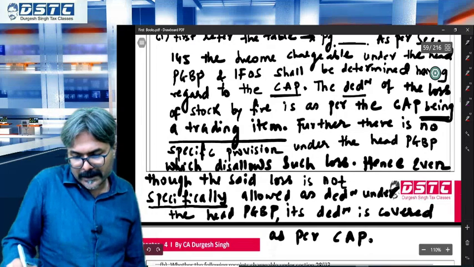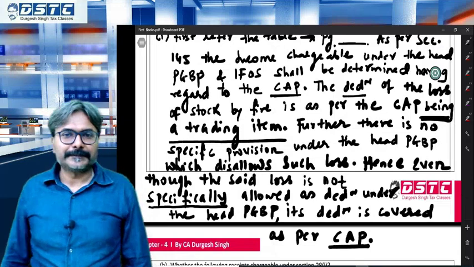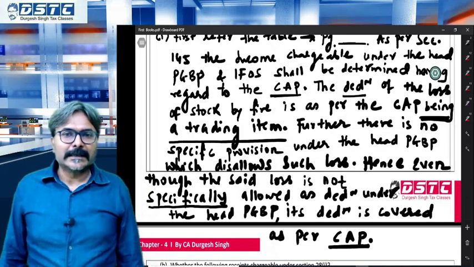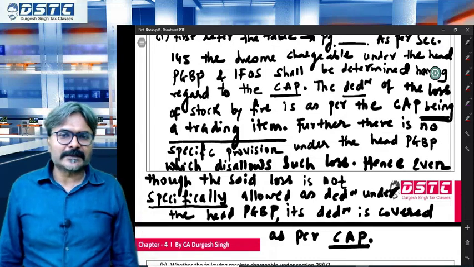CAP, commercial accounting principle. Fine, students. So hence, even though the said loss is not specifically allowed as deduction under the head PGBP, its deduction is covered as per the CAP.